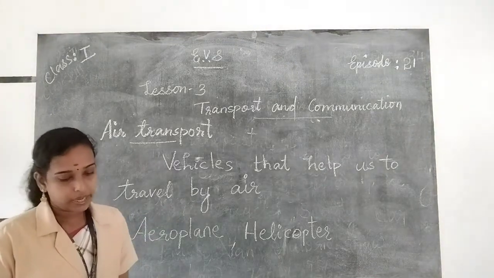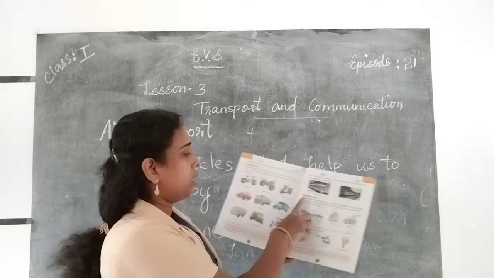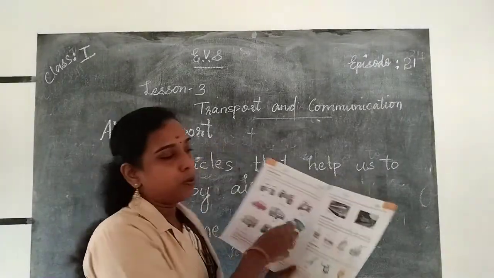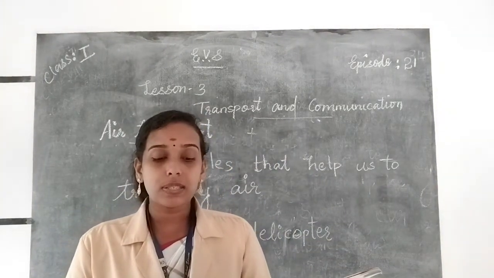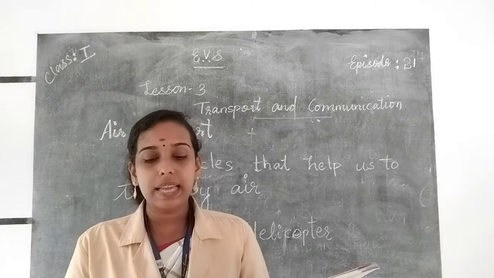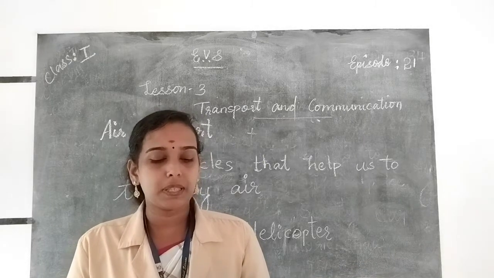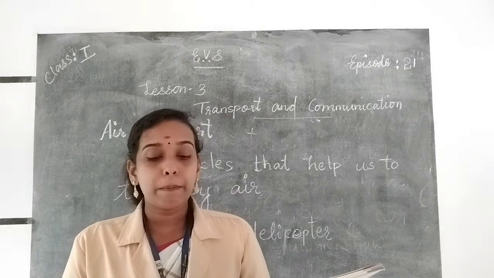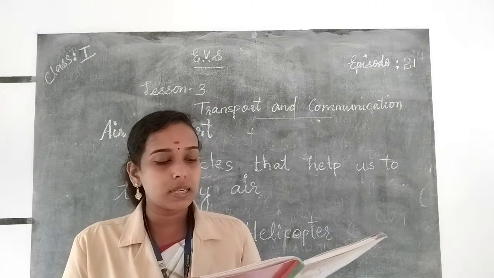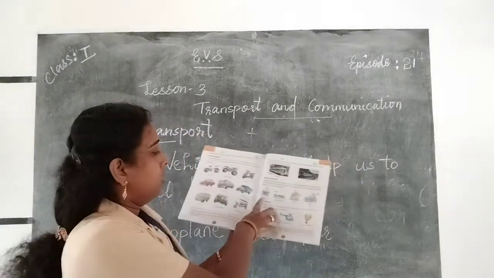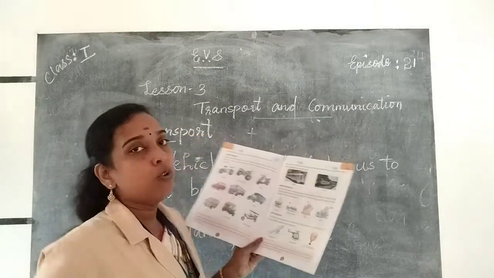Okay. So take your textbook and take page number 121, water transport. So look at your textbook. We can also travel across lakes, rivers and seas using different types of boats and ships. We call them the means of water transport. Some means of water transport are shown below. So here boat, motorboat, ship and ferry.